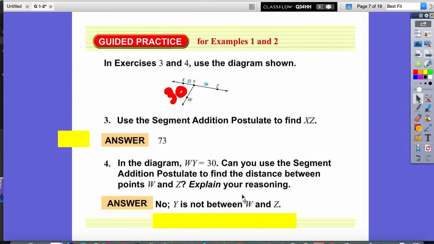And you cannot use the segment addition postulate because they're not on the same line. Yes, there are things in trigonometry that would allow you to eventually find that length, but we are at the very beginnings of geometry, and we are talking about using the segment addition postulate.